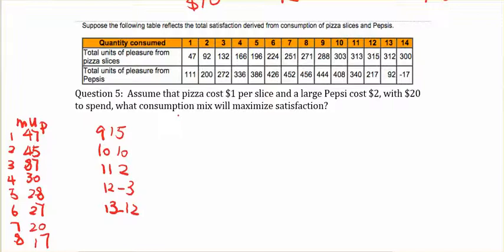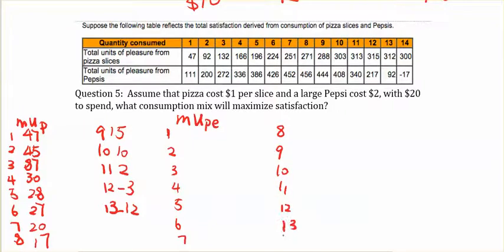How about the marginal utility for the Pepsi? We can have a maximum of 14 bottles of Pepsi: 1, 2, 3, 4, 5, 6, 7, 8, 9, 10, 11, 12, 13, 14.